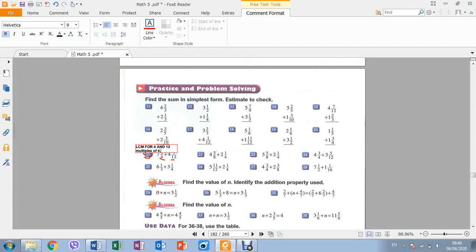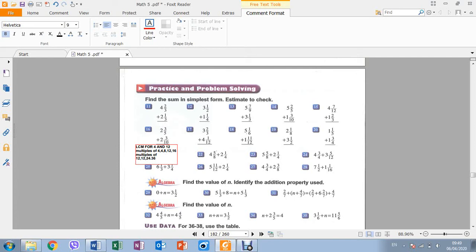We use 1 times 4, 2 times 4, 8, 3 times 4, 12, 4 times 4, 16. And multiples of 12 is 12, 24, 36.